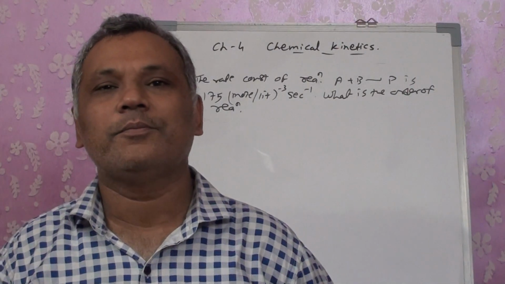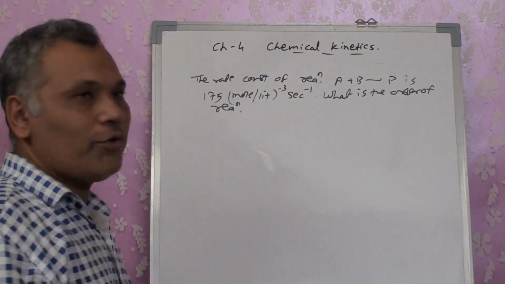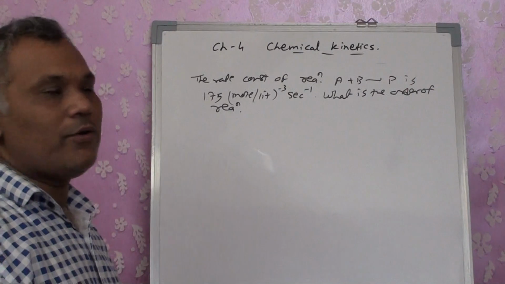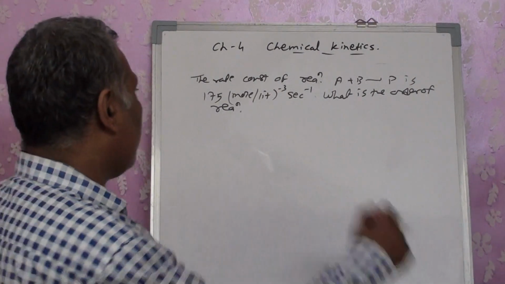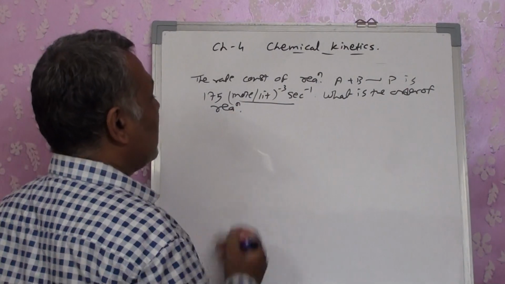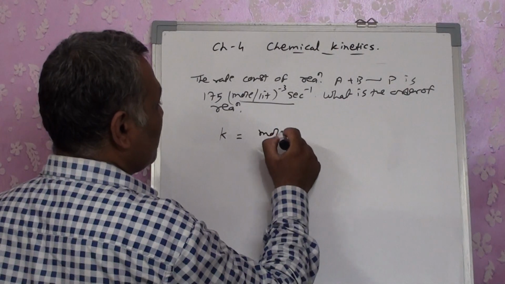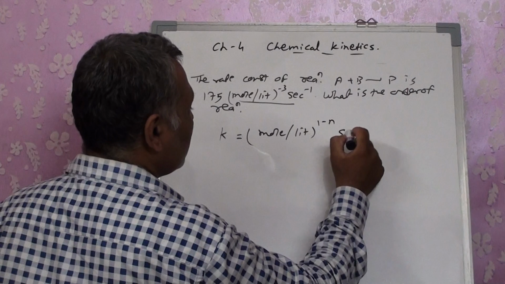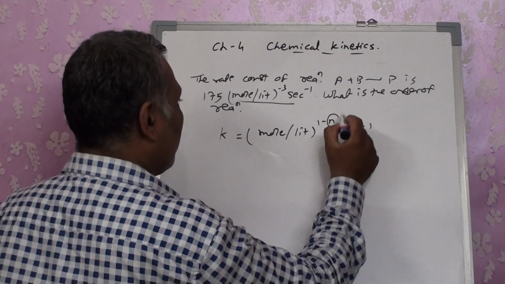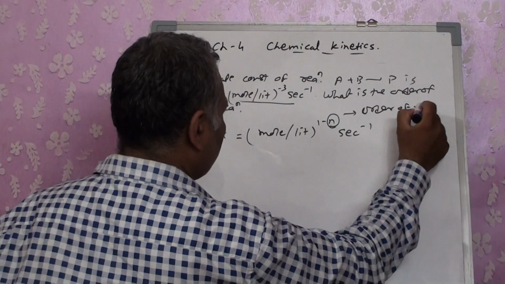Now from where did this come? In this case, I'm not going to do anything. I don't need any data. Only the unit is helping me. K is equal to mole per liter raised to 1 minus n second inverse, where n is the order of reaction.